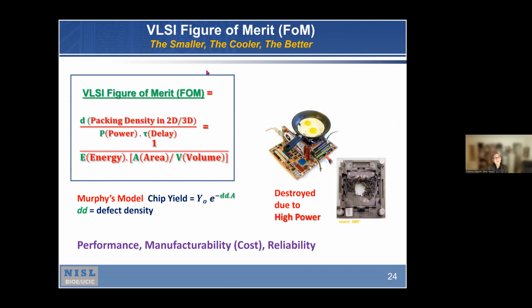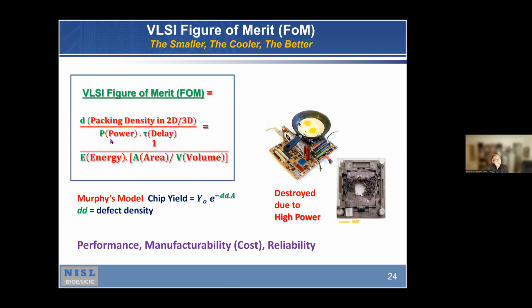Now, this shows the importance of VLSI, in particular making it smaller, making it cooler with less power dissipation, and increasing the performance. So in VLSI, the smaller, the cooler, the better. In terms of a VLSI figure of merit, you want to achieve a high packing density, so density goes on top.